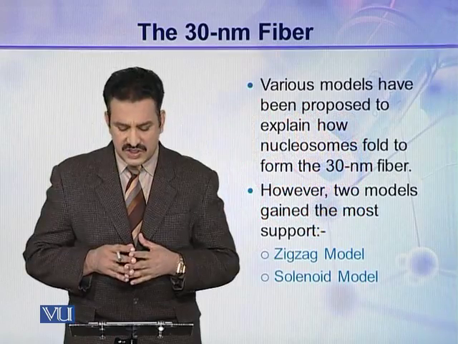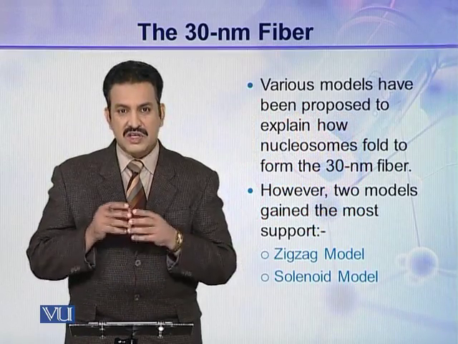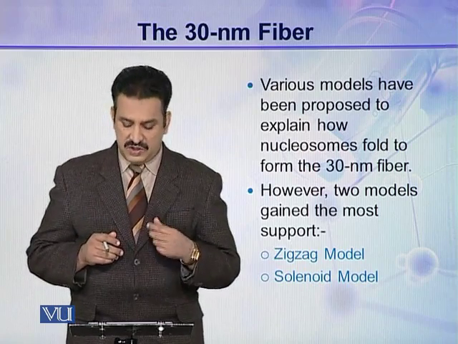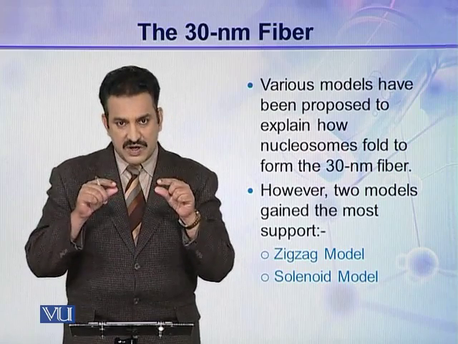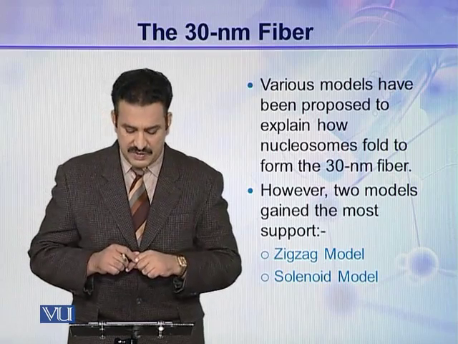So various models have been proposed to explain how this nucleosome fiber folds to form the 30 nanometer fiber. How this 10 nanometer fiber folds to make a 30 nanometer fiber.